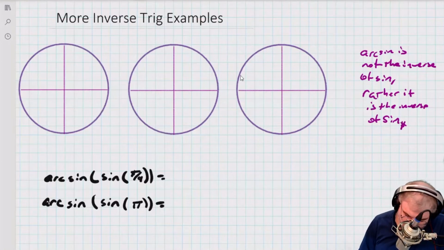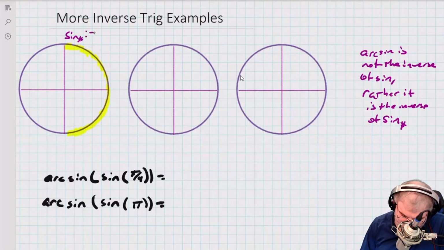Okay? So if I look at sine star, I'm actually talking about this neighborhood here. Sine star is defined from negative pi over 2, inclusive of endpoints, to pi over 2, and it goes to negative 1, 1, right?